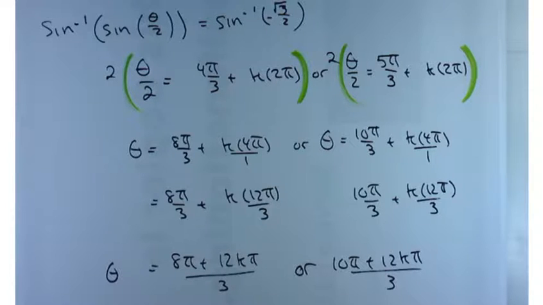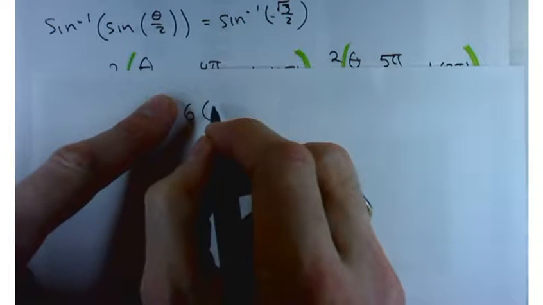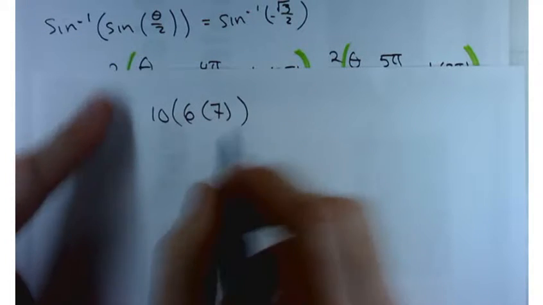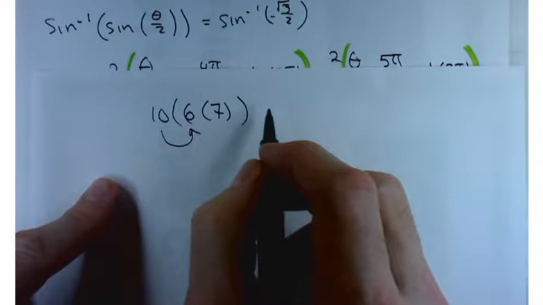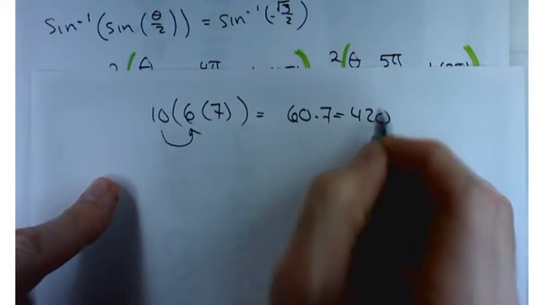If you had an addition or subtraction, then yeah, you would have to distribute. But when you multiply, for instance, 10 times 6 times 7, you'd only multiply the first one, right? You go, well, that's 60 times 7, which is 420.